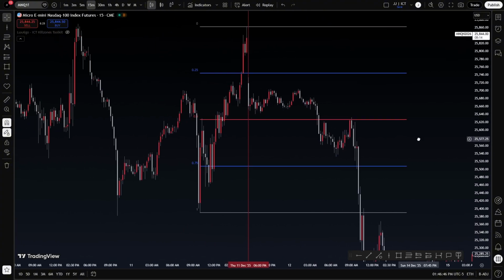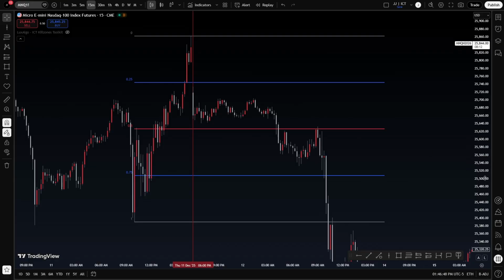Now, listen to me on this one. Using a higher time frame PD array. When I say higher time frame, I mean time frames that you use just for confluences, not for entries. So you can use the 15 minute as a confluence based time frame, the hour, the 4 hour, and the daily.